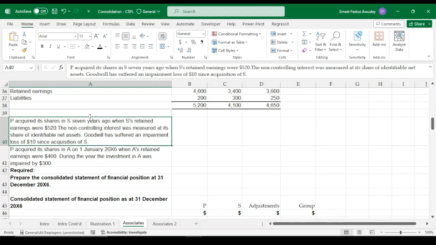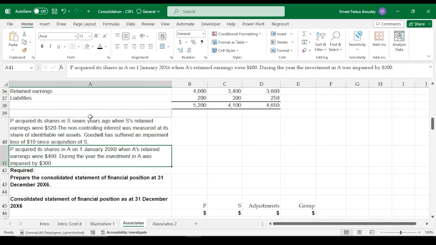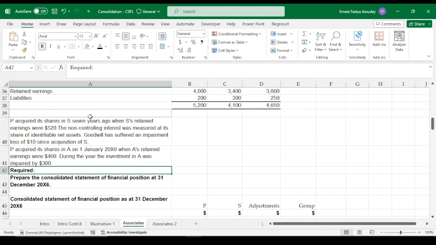Goodwill has suffered an impairment loss of $10 since acquisition of S. P acquired its shares in A on 1st January 20x6 when A's retained earnings were $400. During the year, the investment in A was impaired by $300. Wow. So that is what we have there. Required: prepare the consolidated statement of financial position as at 31st December 20x6.